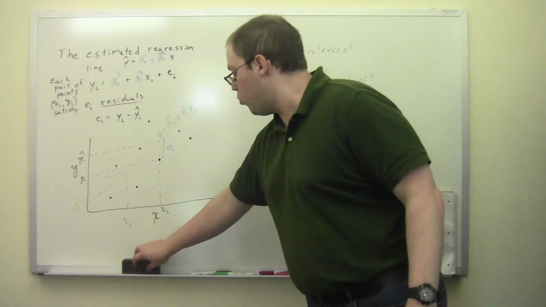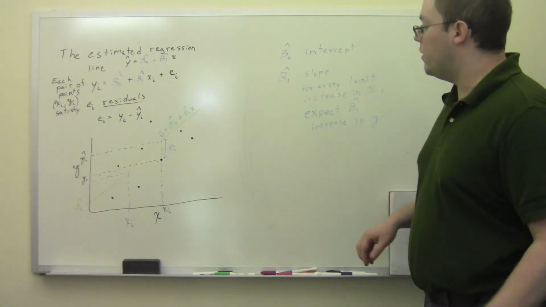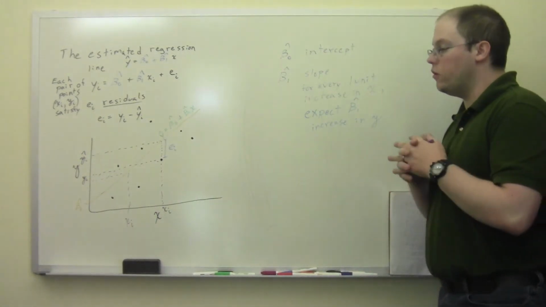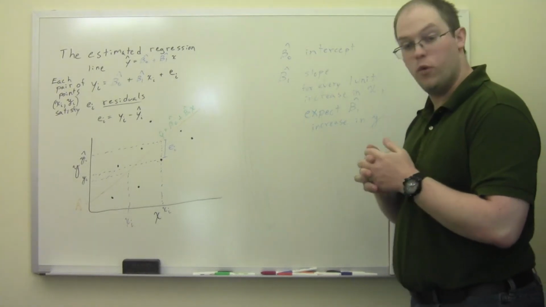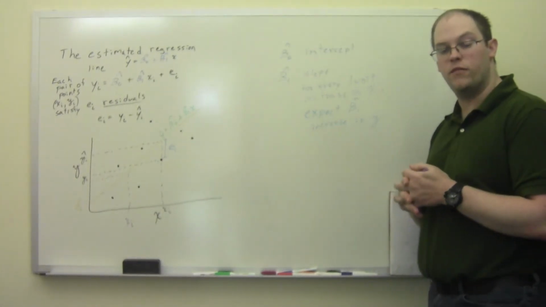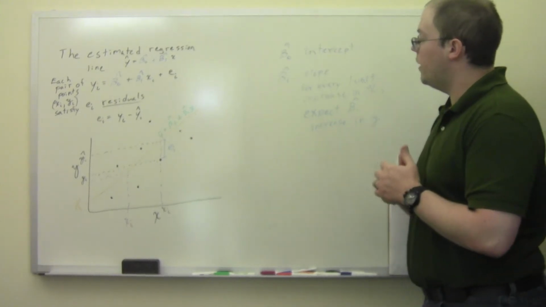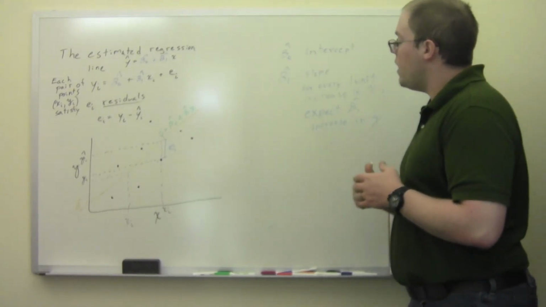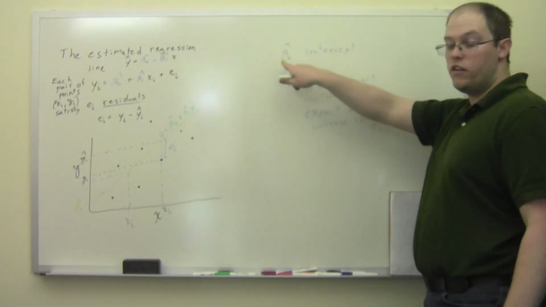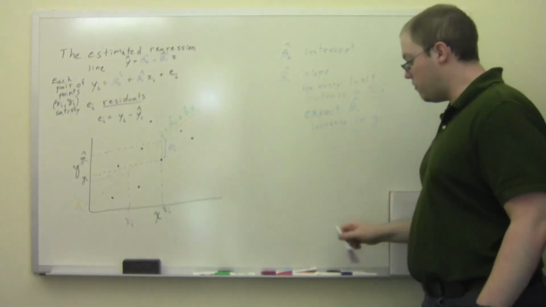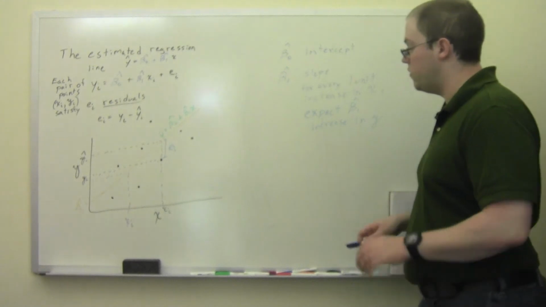So one thing that we will see when we start looking at computer code for this, which we'll do in class on Friday, is that when we do this in software, there will be a hypothesis test associated with each of these coefficients.